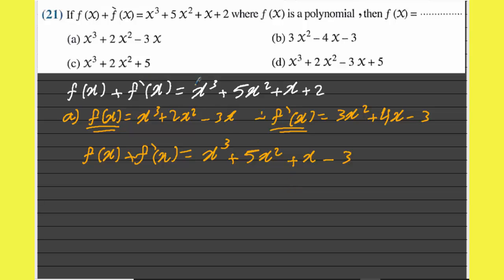It is not a solution because the required f of x plus f dash of x equals x power 3 plus 5x square plus x plus 2, but here it is negative 3, not 2. So the polynomial at A is not f of x.